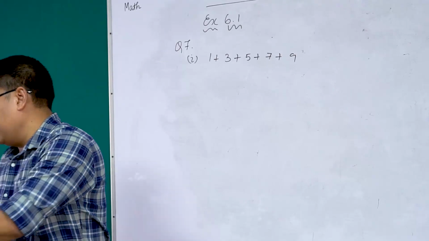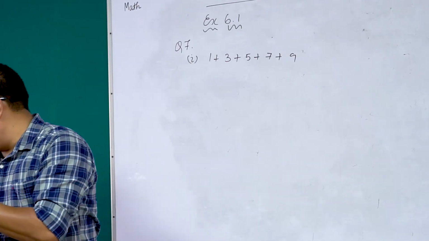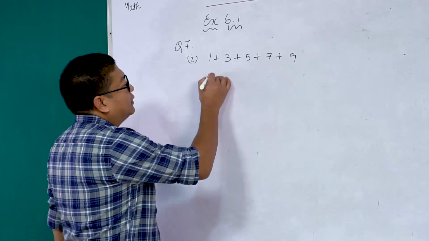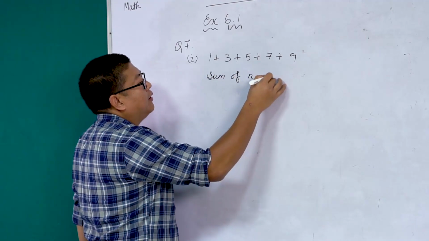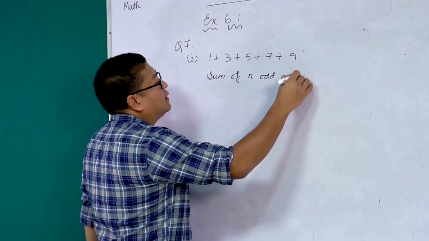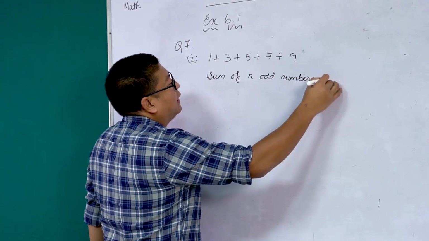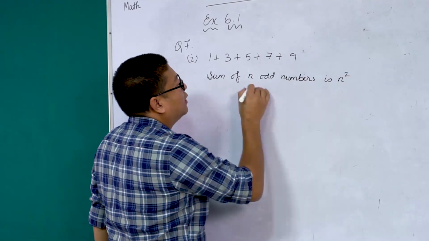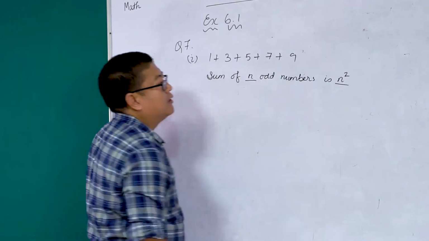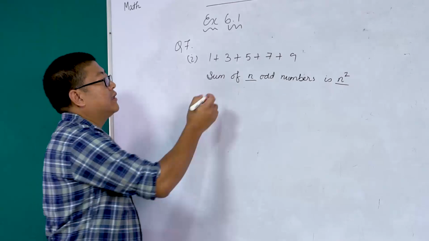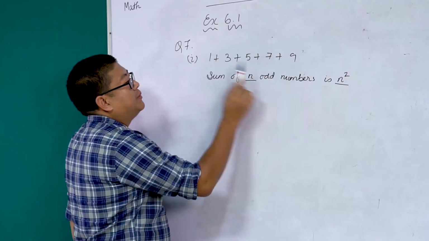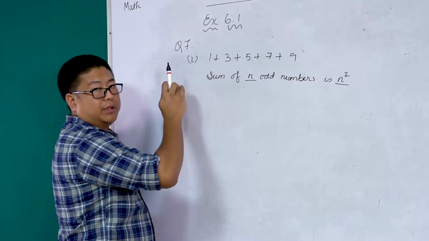There is a property which we can use. That property is: the sum of n odd numbers is n square. Now, relating to this, let's have a look. n odd numbers means the number of odd numbers that we are using.